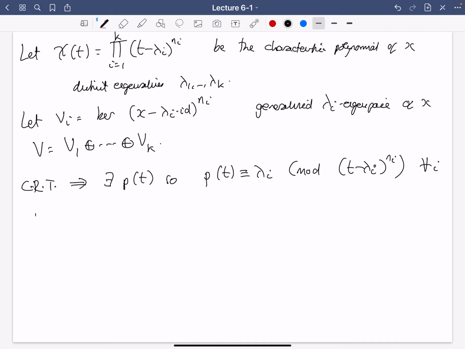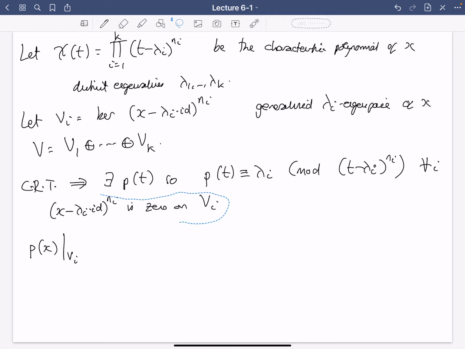Now, think about p of x, this polynomial evaluated at x, on that generalized eigenspace. The polynomial (x minus lambda i identity) to the n i is 0 on Vi, right?